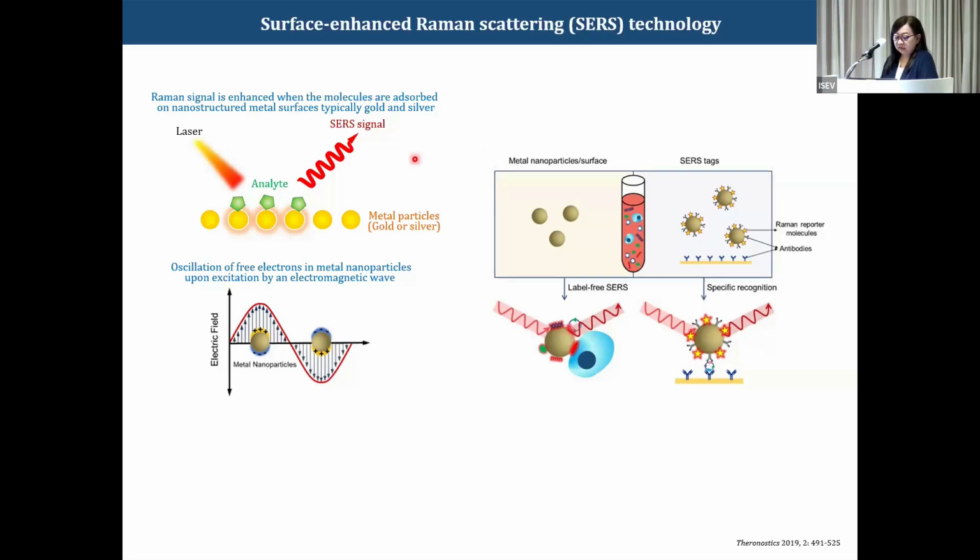The scattering signal is largely enhanced when the molecules are adsorbed on nanostructured metal surfaces, typically gold and silver. The enhancement can be more than 10 orders of signal magnitude, leading to signal amplification and allowing for the detection of extremely low concentrations of analytes.